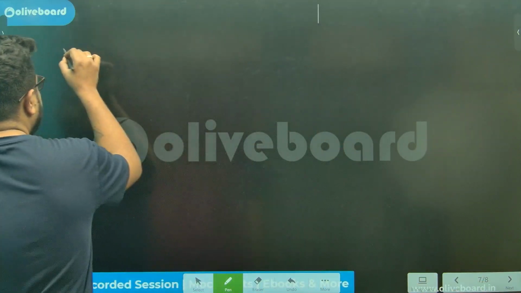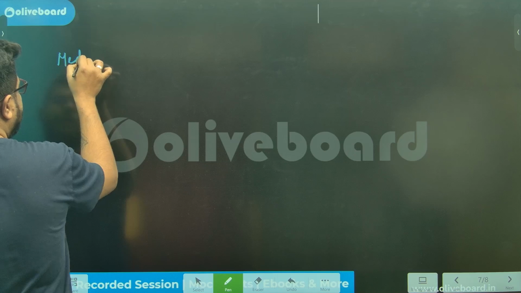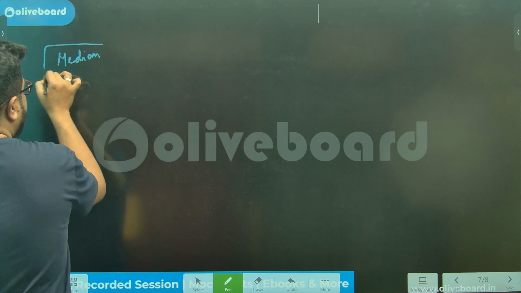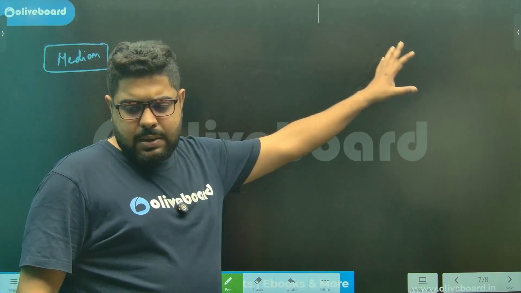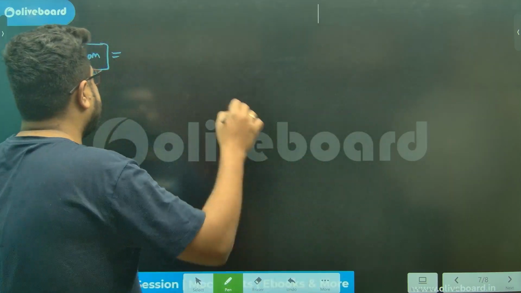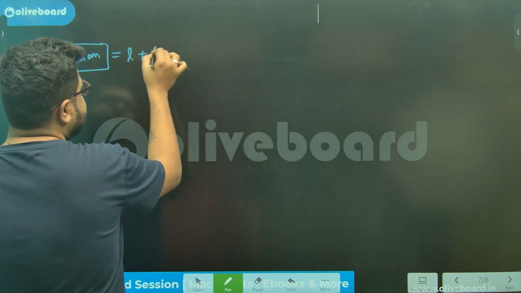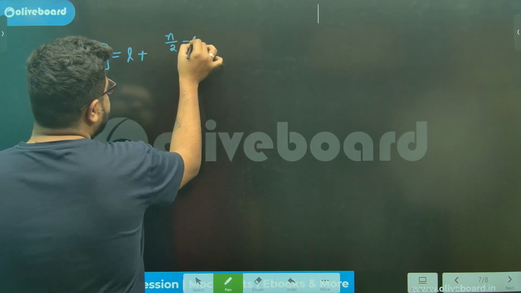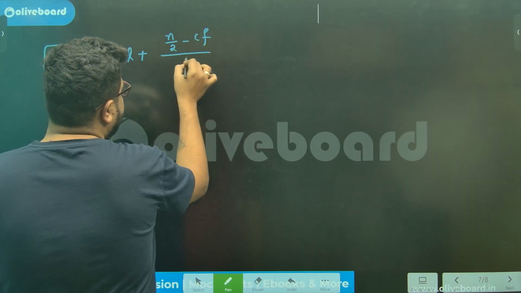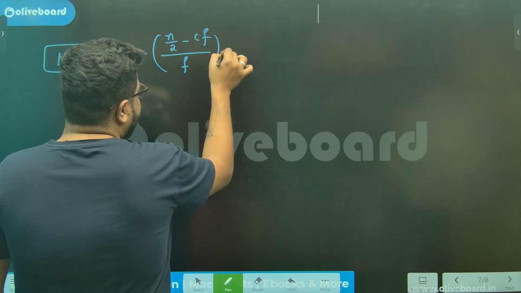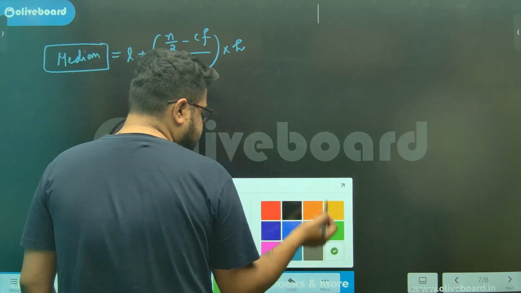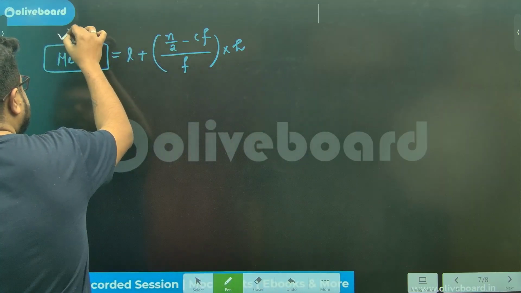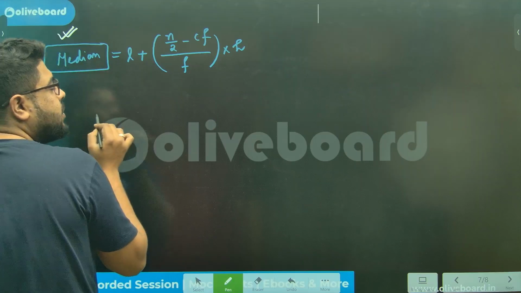So, median for group data. Once you have found the median class, the median will be L plus N by 2 minus CF divided by F into H. Now, each of these has different meanings. Once you remember, I'm just giving you the hint, you can figure it out.